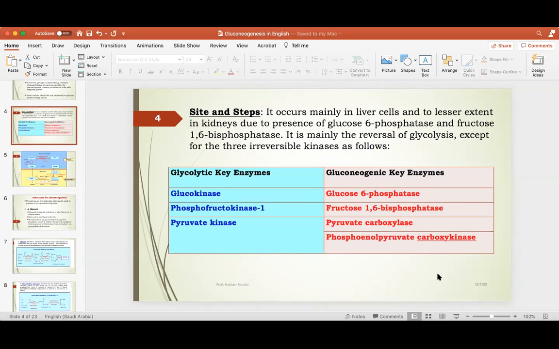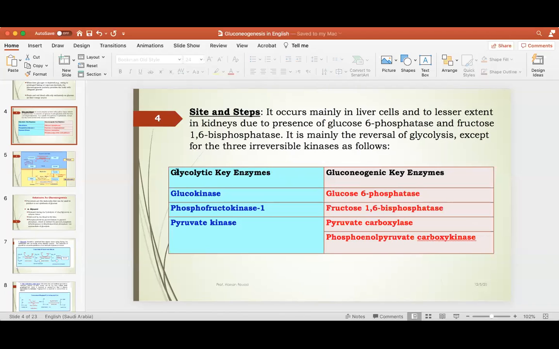In gluconeogenesis, the body synthesizes glucose from non-carbohydrates, mainly from body proteins, from the tissue proteins, and to a lesser extent from the stored lipids, from fatty acids and glycerol, but mostly more than 90% from the tissue proteins. The process depends mainly upon reversal of glycolysis.